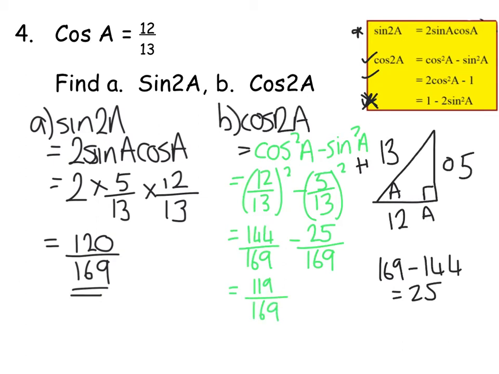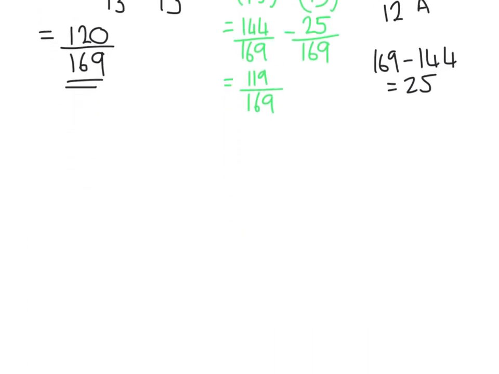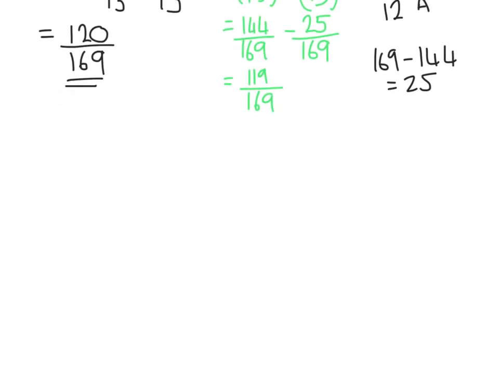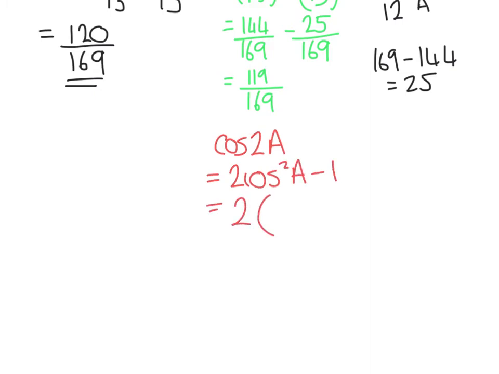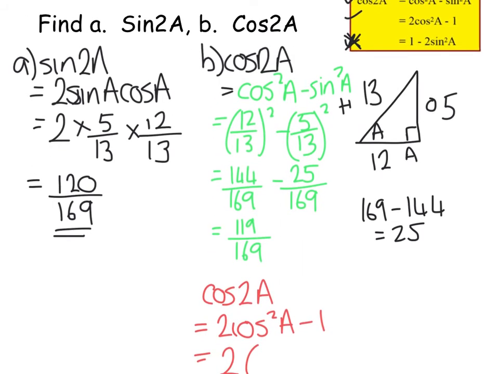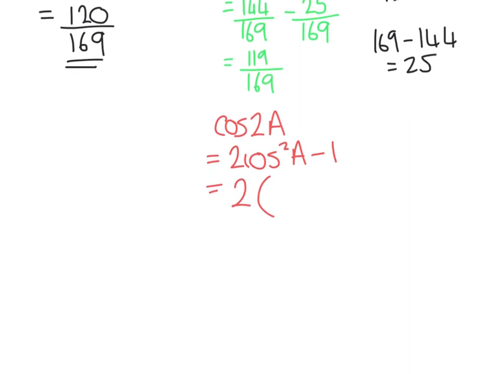Okay. Now I'm just going to prove that it works doing the other one, with 2 cos squared A minus 1. So cos 2A equals 2 cos squared A minus 1. So that meant 2 times, now cos A was, let me just remember, my 12 over 13.